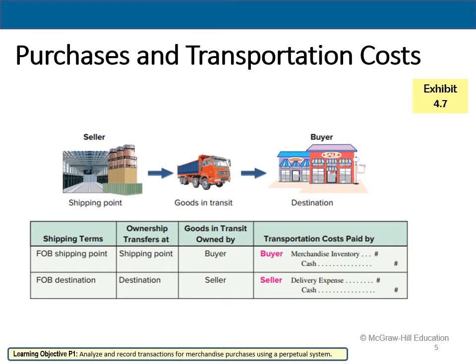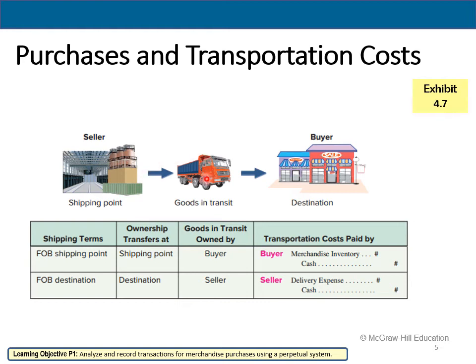Okay, so let's talk about transportation cost. All right, goods can be shipped FOB shipping point or FOB destination. Goods shipped FOB shipping point means that ownership has transferred from the seller to the buyer right here.